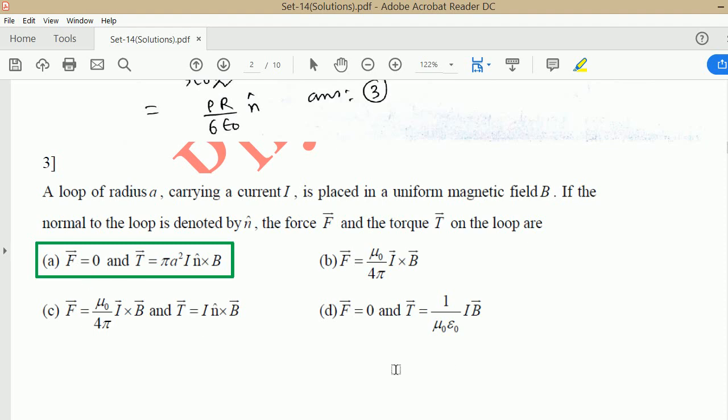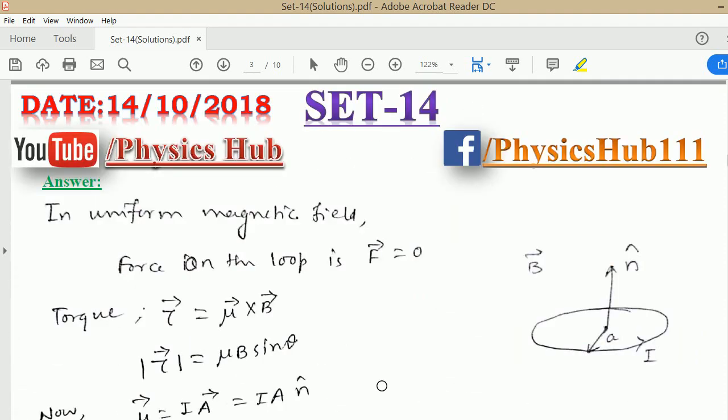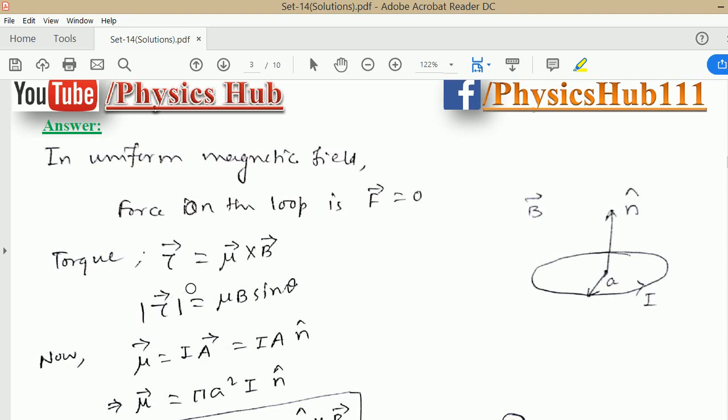Now we have to find out the expression for torque. What is the expression for torque? Torque equals mu cross B. Mu is the magnetic moment and B is the magnetic field. Now torque equals mu B sine theta, and mu equals I A. I is the current, A is the area. So I A n cap. Area is a vector and it has some direction.